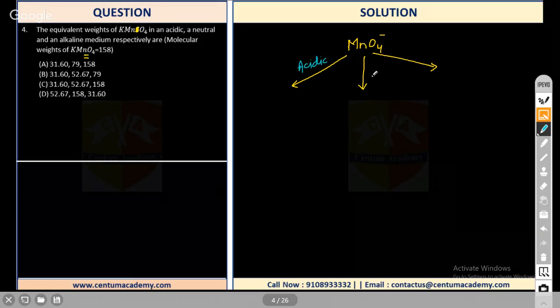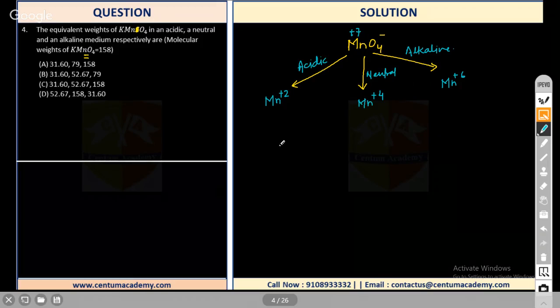If you see the oxidation number of manganese here, it is +7. So we know MnO4- in acidic medium converts into Mn2+, right? In neutral medium, it converts into Mn4+. And then in alkaline medium, it converts into Mn6+.